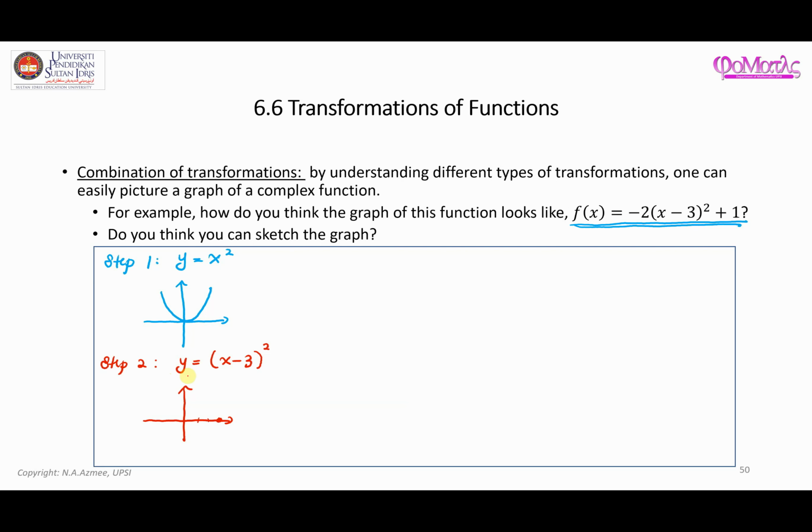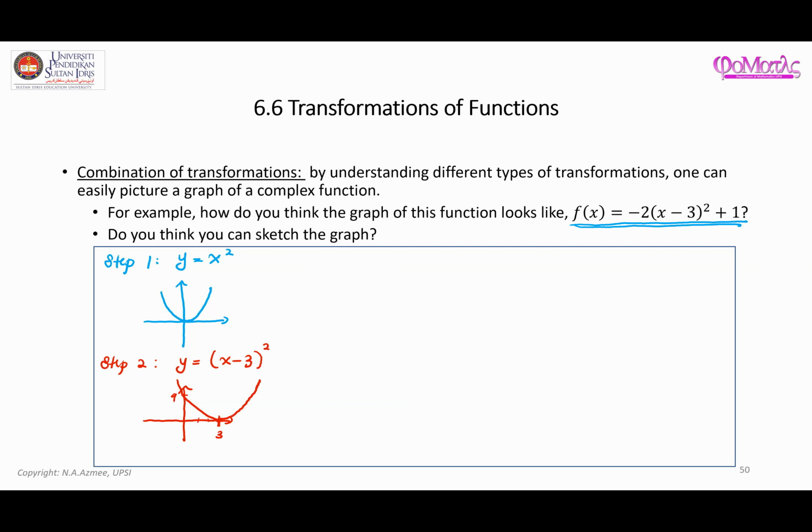When x is 0, y will be equal to 9. This can be easily determined by plugging the value of x equals 0. So here it will cross at 0, 9. So this is how the graph looks like. So this is at 3 and 9.